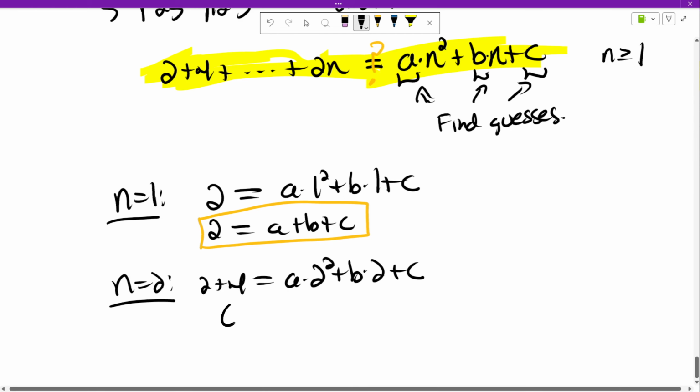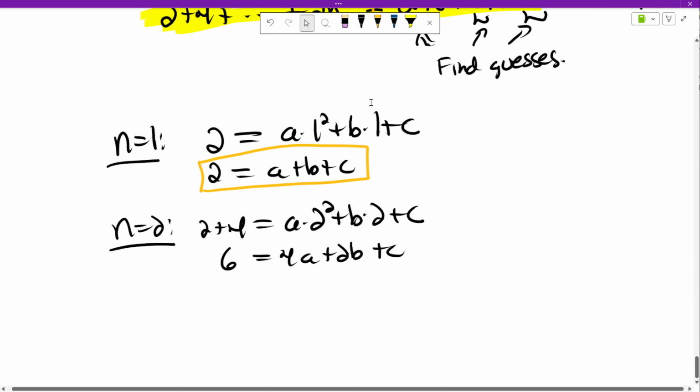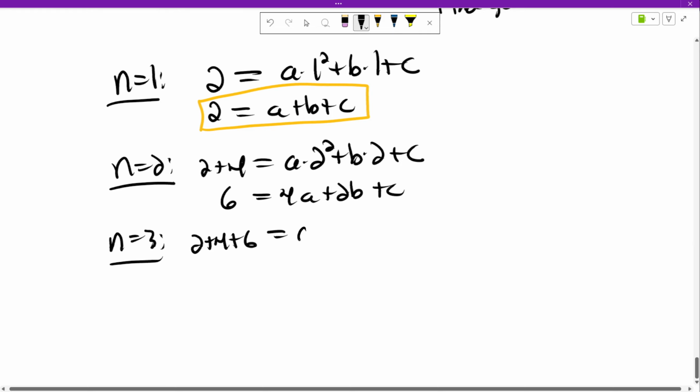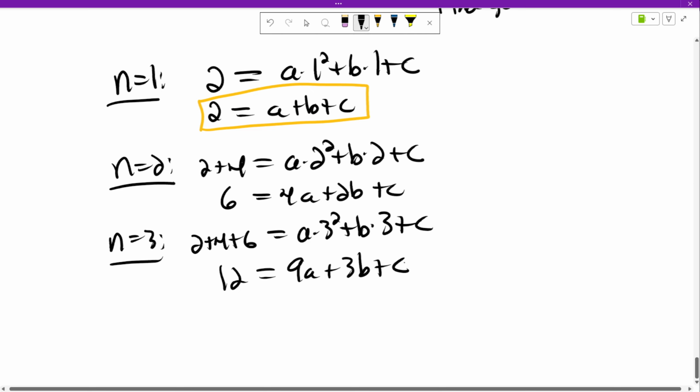Or in other words, 6 is 4a plus 2b plus c. And then scroll down a bit more. When n is equal to 3, our formula would tell us 2 plus 4 plus 6 is a times 3 squared plus b times 3 plus c. And so that's 12 is 9a plus 3b plus c.